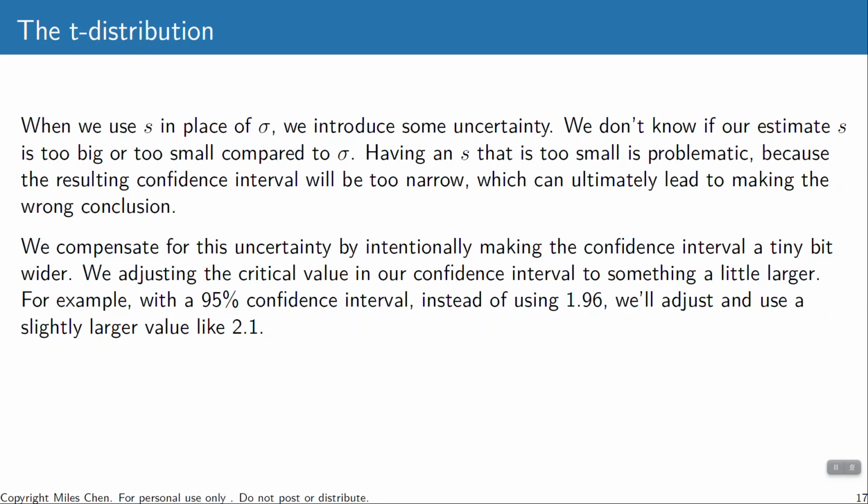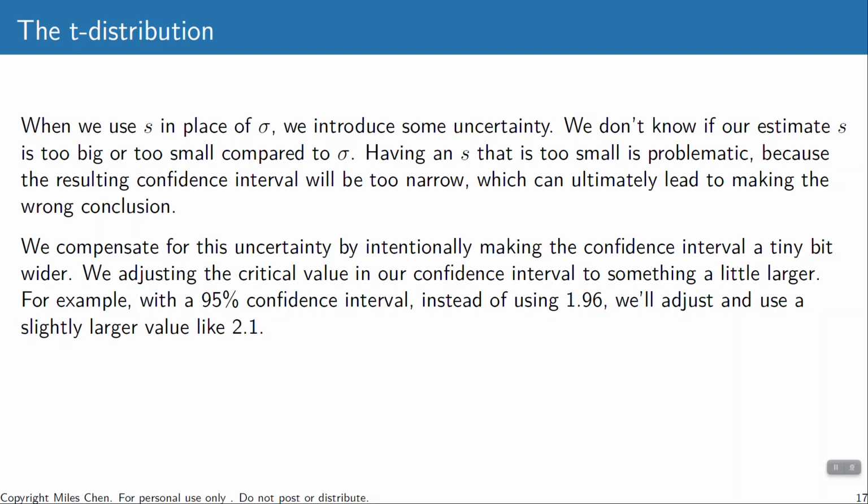Instead of going up 1.96, let's go up a little bit more, 2.1, okay? We'll build in a little extra cushion to play it safe. That's the idea here. We don't want an interval that's too narrow, so let's throw in a little extra.